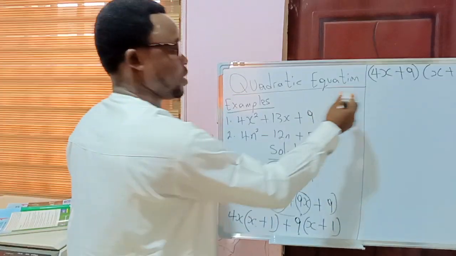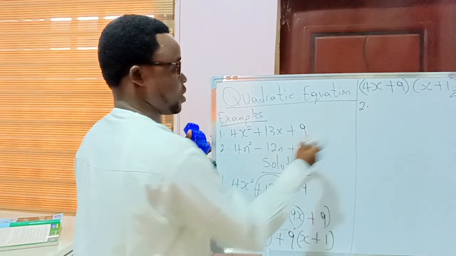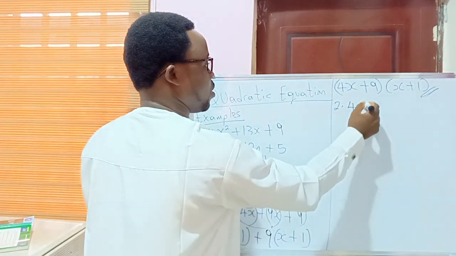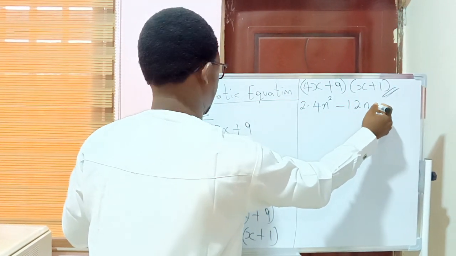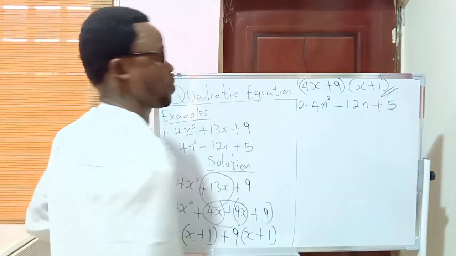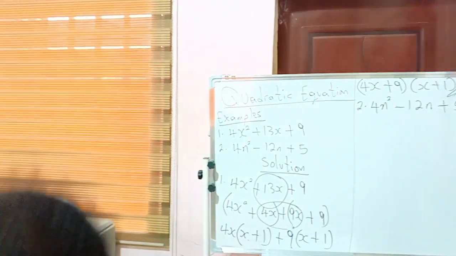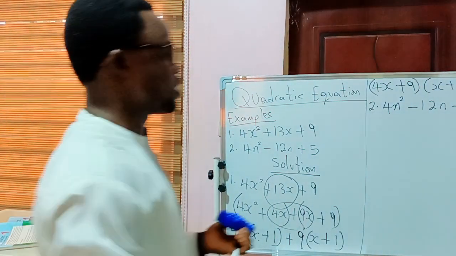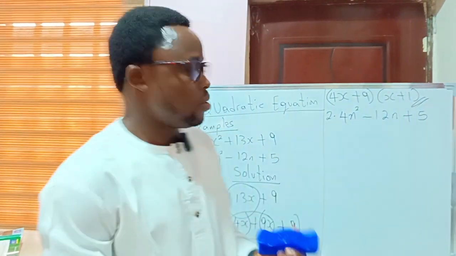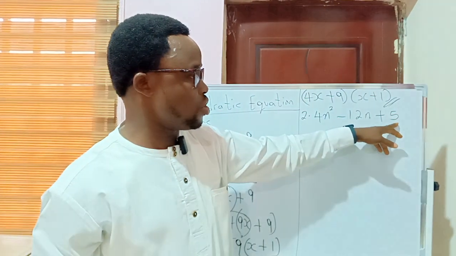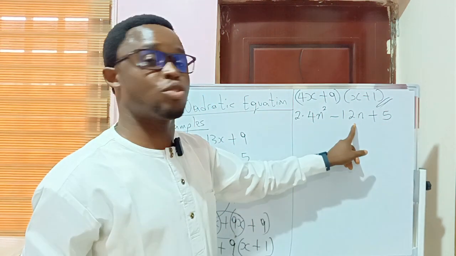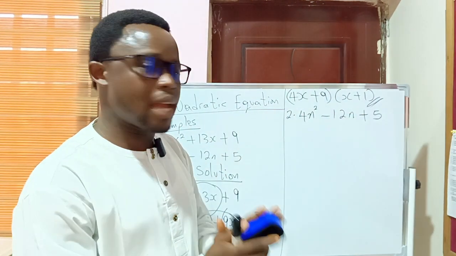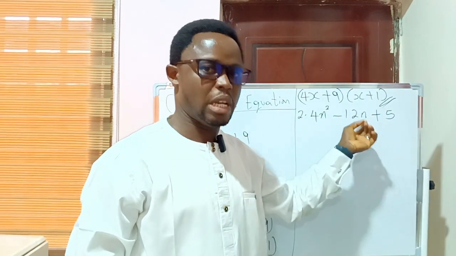Now let's look at the second question, which says 4n squared minus 12n plus 5. The same thing, the same scenario. You see, this is a small digit. So we need two numbers that when added together give us minus 12n, and when multiplied give a value that also corresponds.